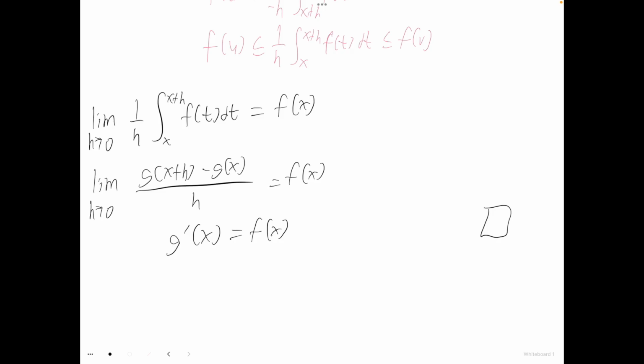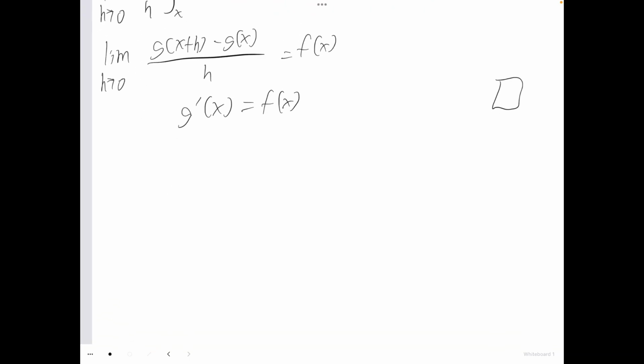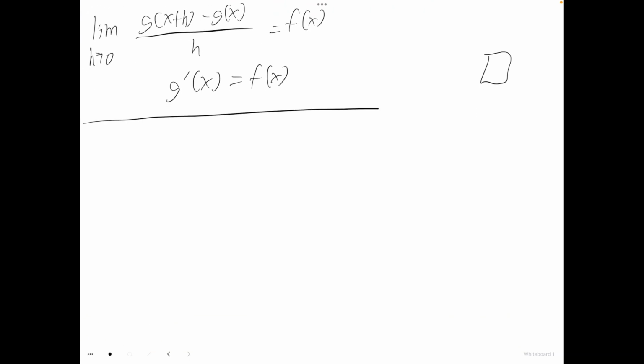Now we want to actually use the Fundamental Theorem of Calculus to do some examples. So let's go through some examples of actually making use of it, just to make clear what we were doing. Okay, so first off, in Leibniz notation, the Fundamental Theorem of Calculus literally is just saying the derivative with respect to x of the integral from a to x of f of t dt equals f of x.